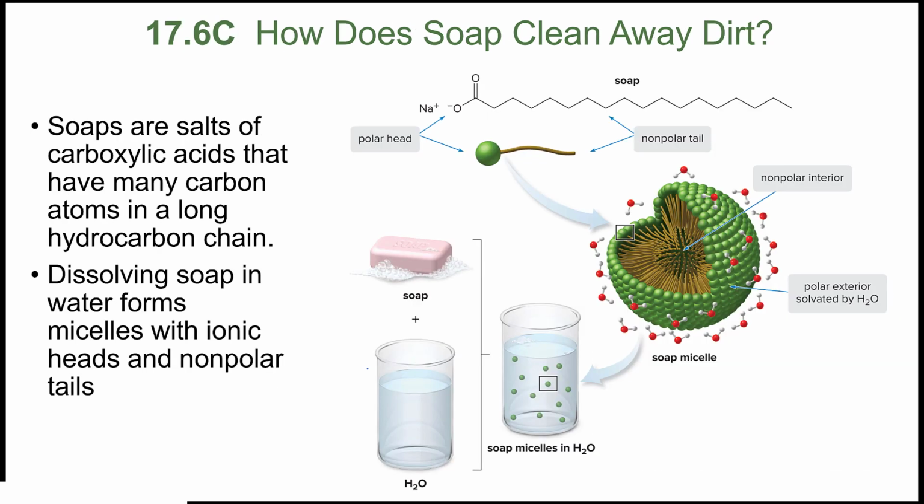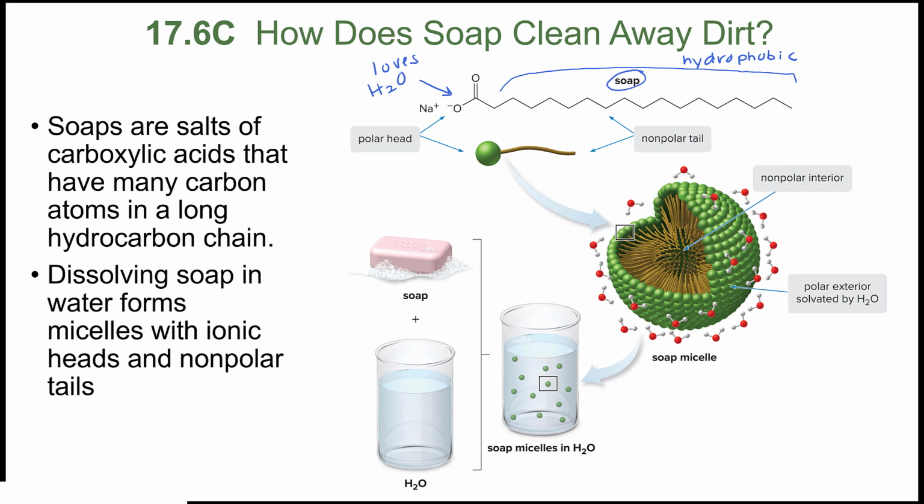So soaps are made of salts of carboxylic acids that have many atoms in a long hydrocarbon chain. So you can see the structure of a soap here. This part is hydrophobic, so it does not like the water. But this side over here loves water, and that part is the water-soluble part. So the brown lines are the nonpolar tails, and the green is the polar heads.